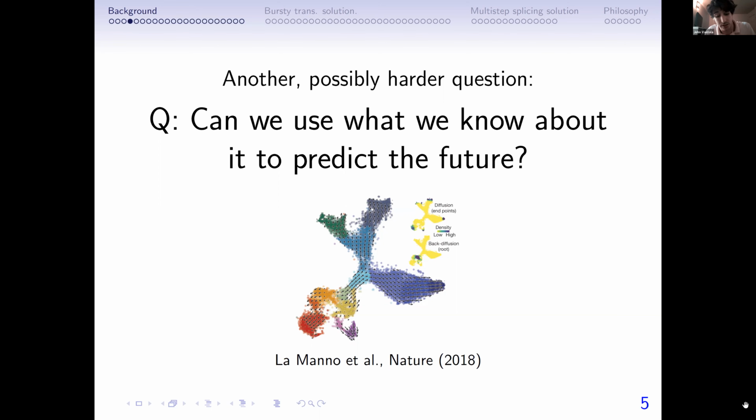And there are ideas about how to use that maybe to study development, or maybe, big pie in the sky, to control cell fate, stuff like that. So in principle, we could use transcription to understand things like this.